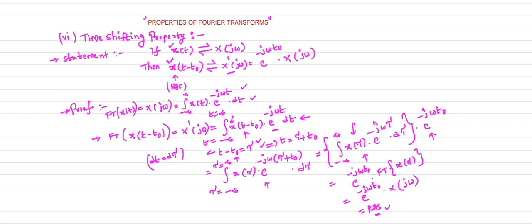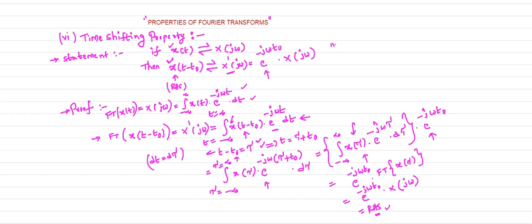So that means when you perform the right hand side shifting operation on the input signal, the corresponding signal in the frequency domain is multiplied by a factor of e power minus j omega t naught with X of j omega. This is your right hand side shifting operation.